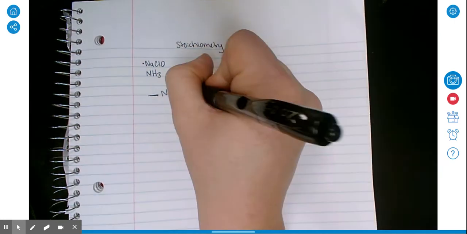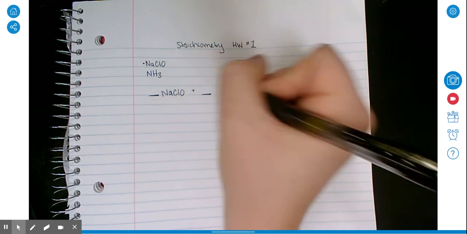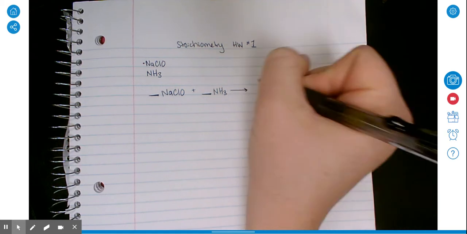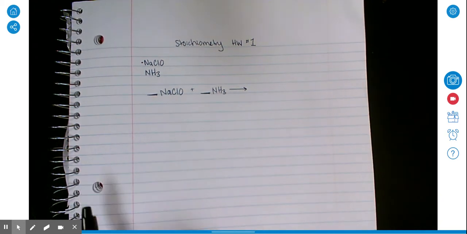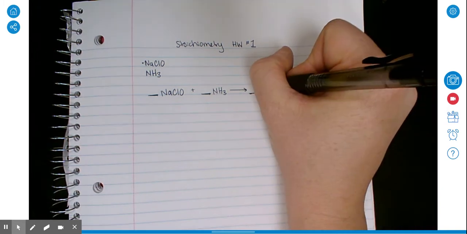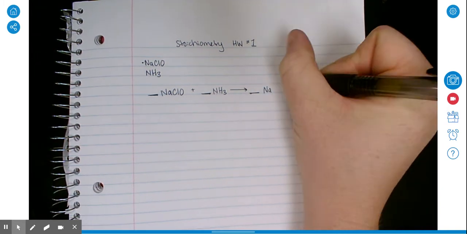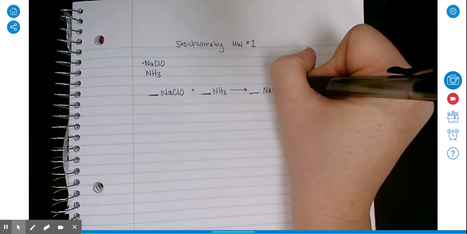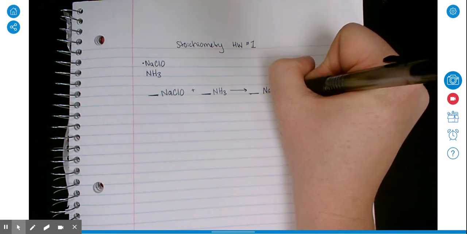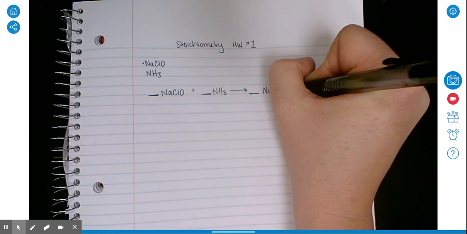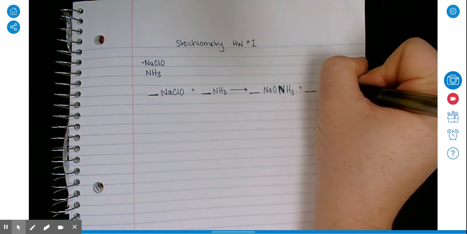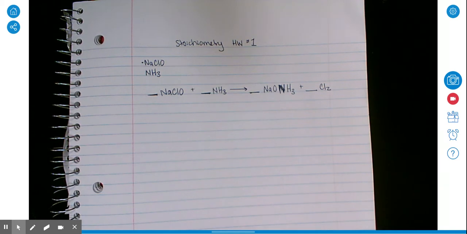This chemical reaction can happen. We worry about it more at places like pools, which have very concentrated forms of ammonia and bleach. It can happen with household chemicals, and you never want to mix household chemicals, but we also worry about this reaction a lot at pools. NaOCl, that's an O, sorry, NH3 and Cl2, which is going to be that chlorine gas.